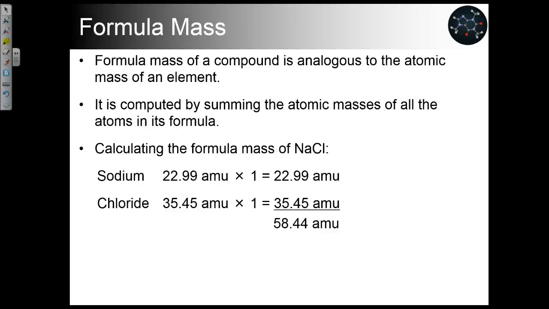Mass of an element, of all the atoms in its formula. Something like that.